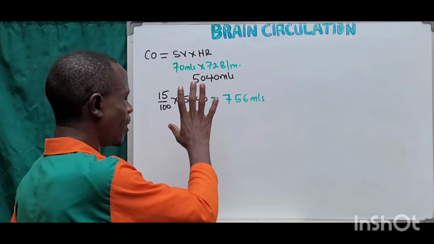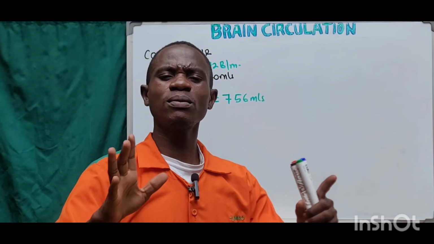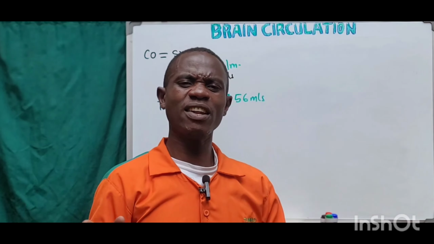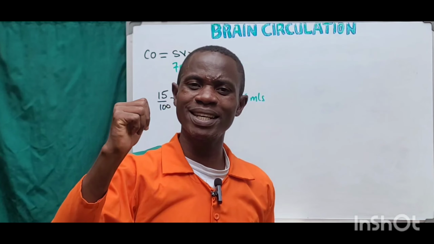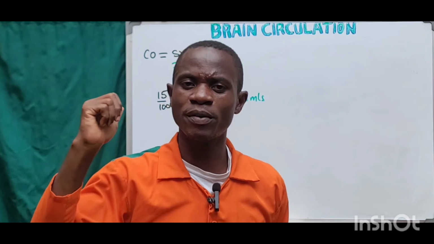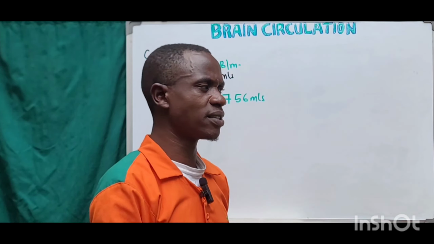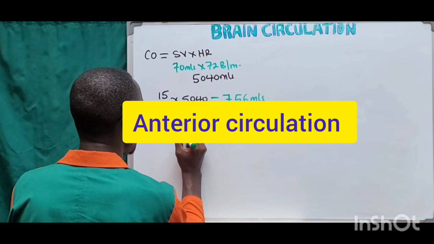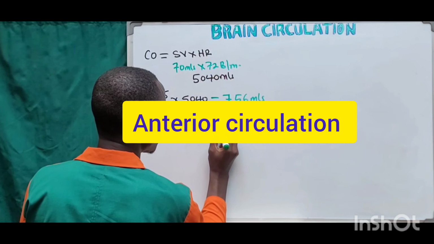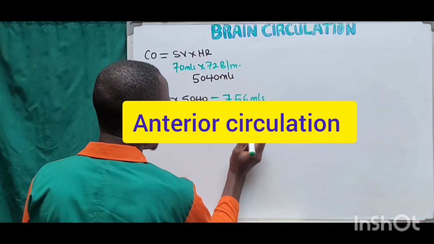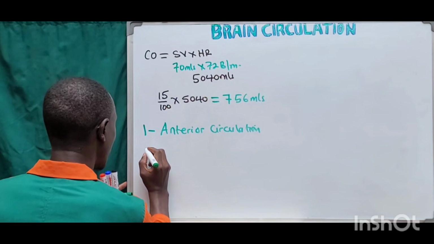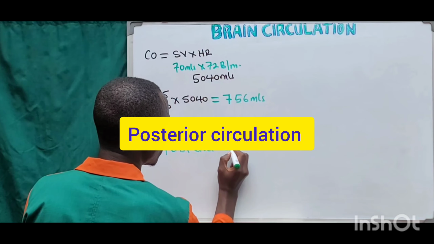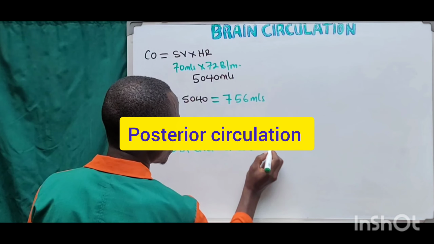Now, blood circulation to the brain has two systems. You have the system that circulates blood to the anterior portion, and also the system that circulates the blood to the posterior aspect of the brain. In other words, we have two systems of blood supply. The first one is the anterior circulation, and the second one is the posterior circulation.